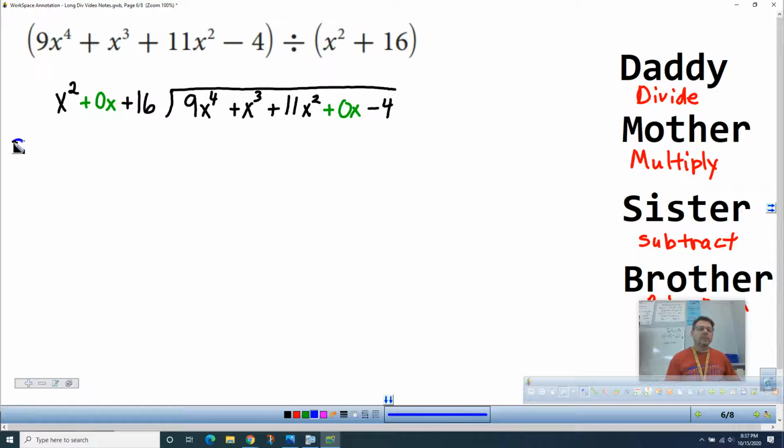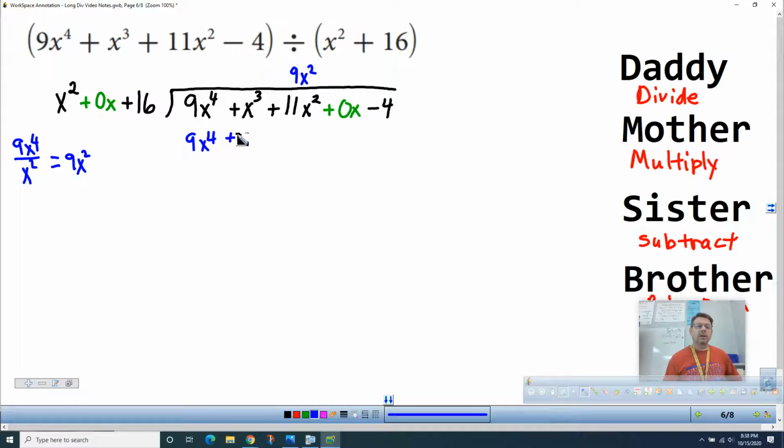So here we go. 9x to the 4th divided by x squared. 9x squared. There we go. So 9x squared. Okay, now we're going to multiply these guys out. That's what mother multiply is all about. So we got this 9x to the 4th. And then 0 times 9x squared, right?